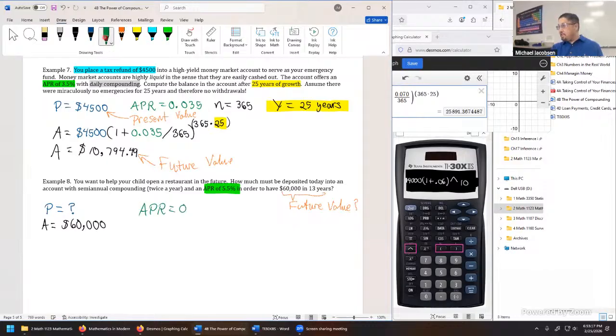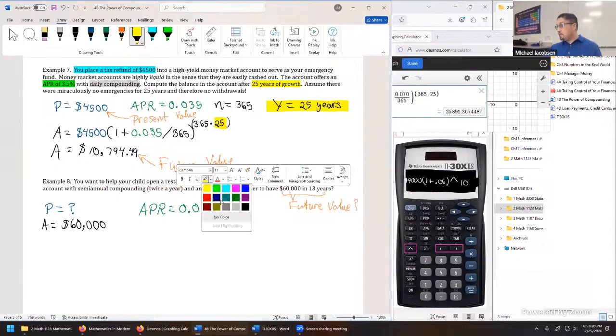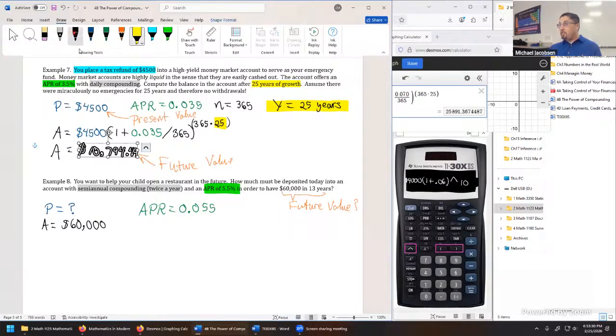As a decimal, it's then 0.055. We have compounding being semi-annually, twice a year, which tells us in the formula that we're going to use, the n value is 2. And we happen to know the term length, y, is going to be 13 years.